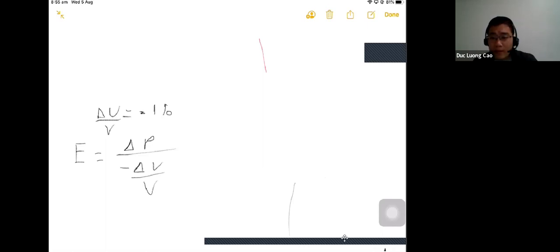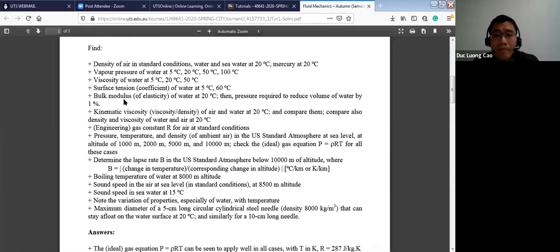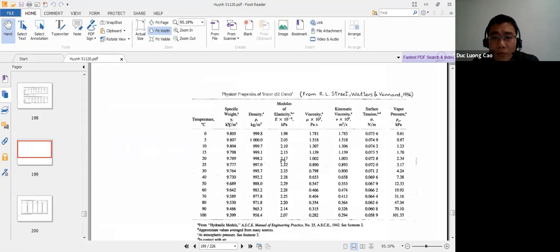And the elasticity of water at 20 Celsius here is 2.17 times 10 to the minus 6. So elasticity will be equal to 2.17 times 10 to the power 6.